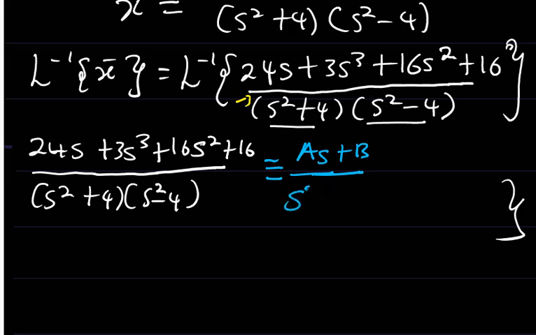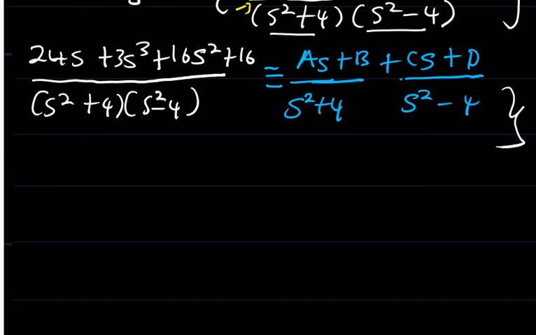Then this is cx plus d divided by s squared minus 4. All right, so working on that fraction.